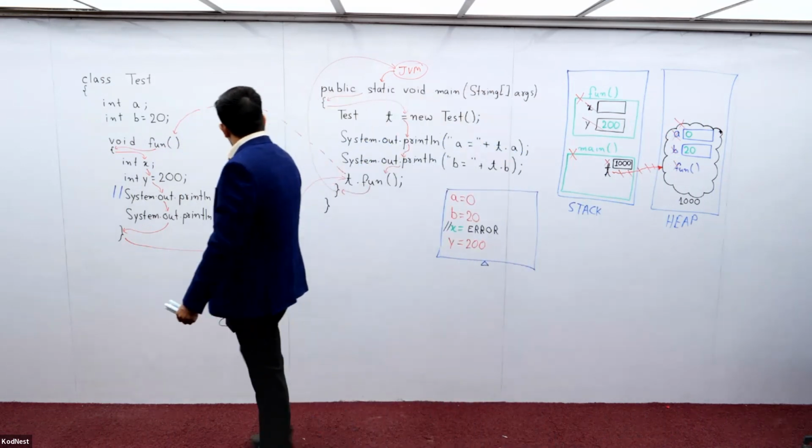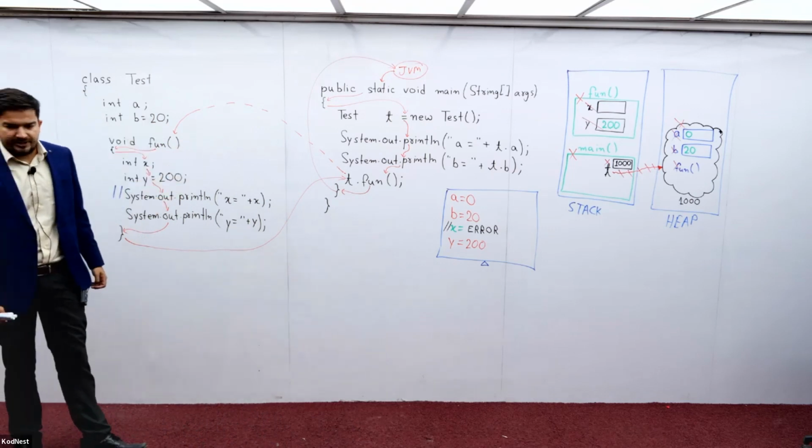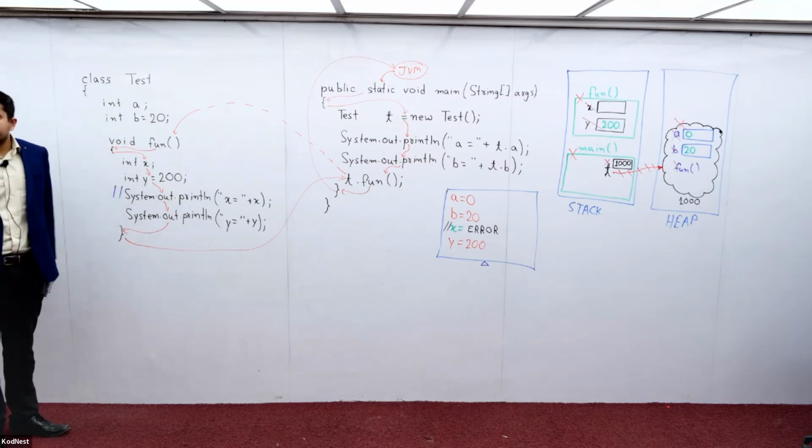Okay. Next, in the same first point, towards the local variable side, we will write. Can you tell me where we are declaring any local variable? Inside a method. Please write.